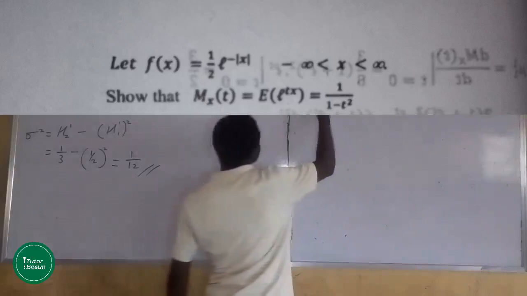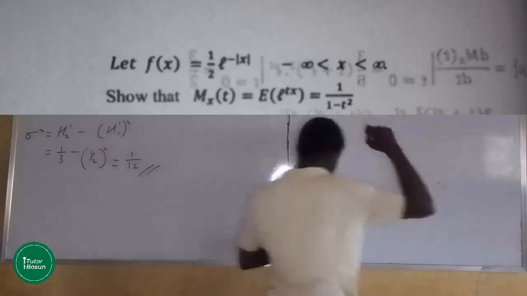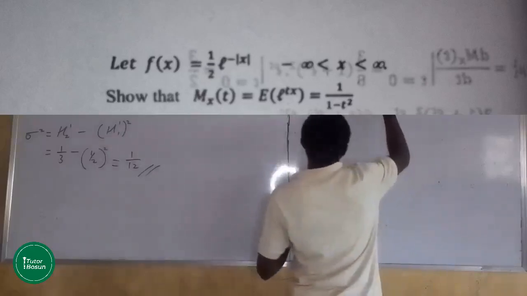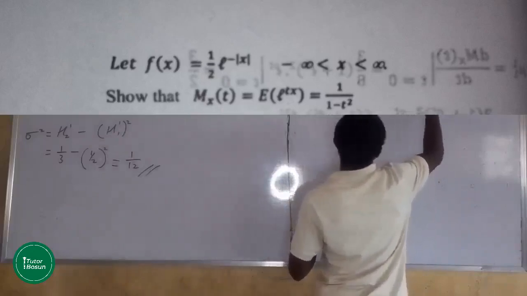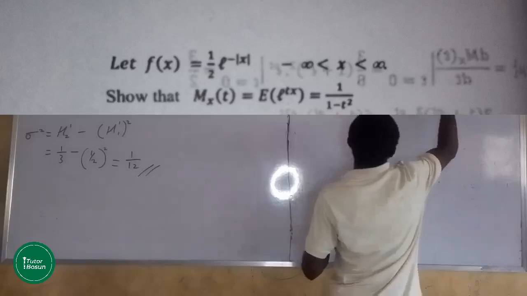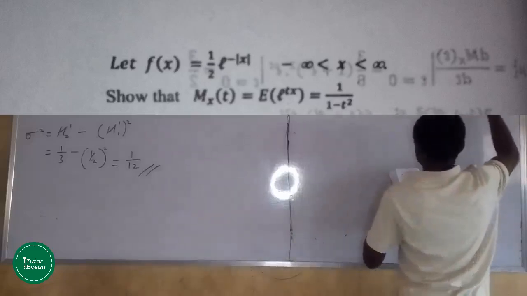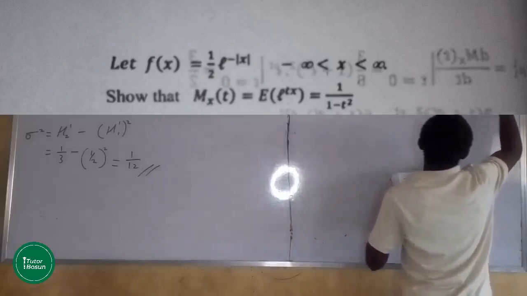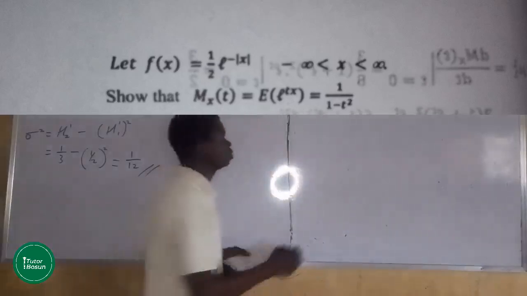Show that the moment generating function, which is the expected value of exponential tx that we have run through, is equal to 1 over 1 minus t squared.